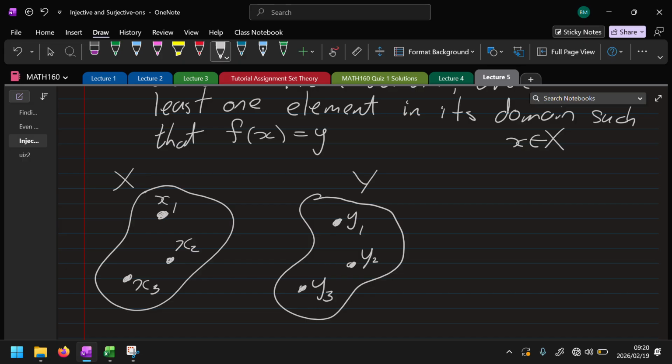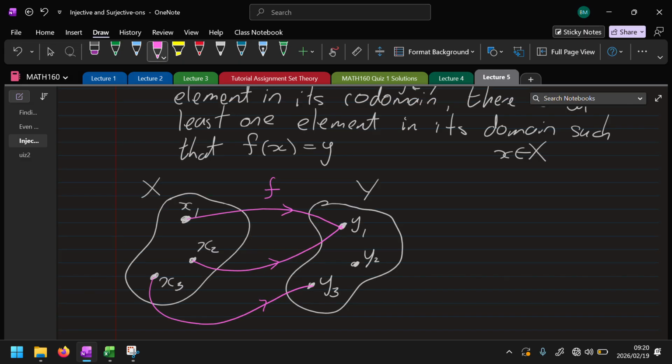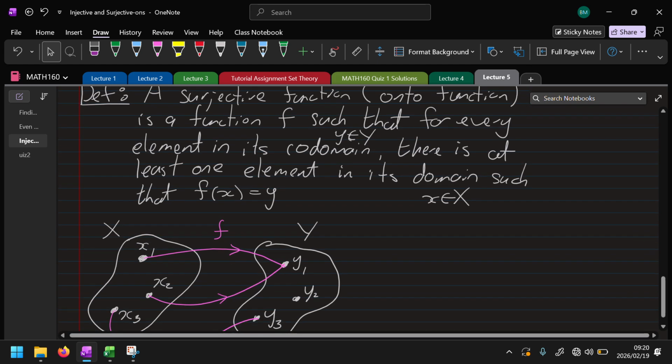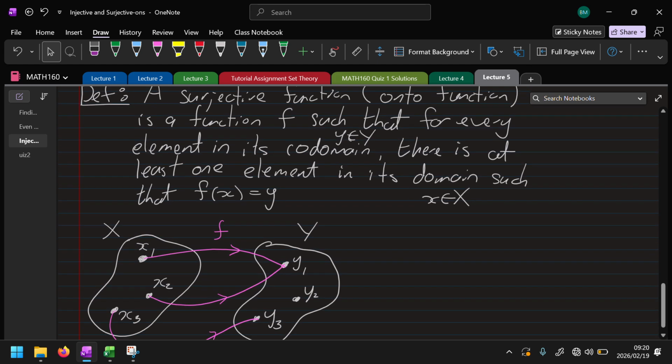And we can construct it like this. So x1 goes to y1, x2 goes to y1, x3 goes to y3. This is f. Now, we're going to have to keep two things in our minds at once. So think about the picture and think about the statement we just wrote down. And we're going to check, does the picture match the statement?